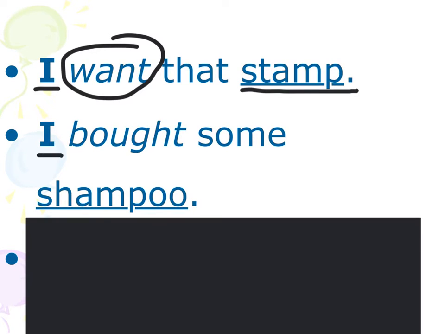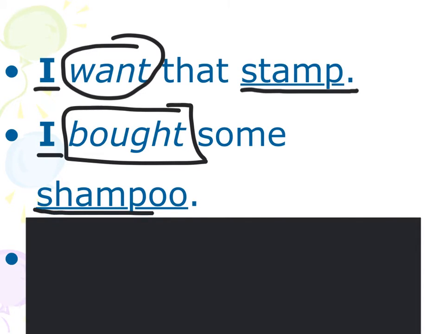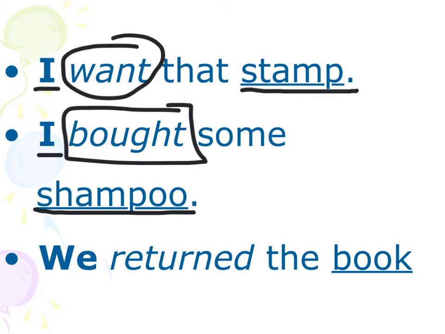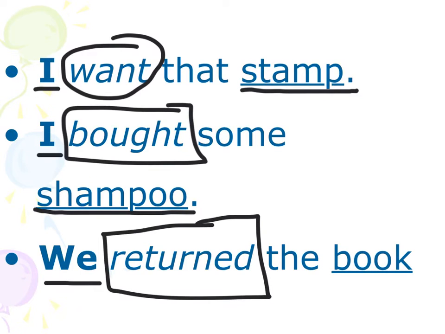I is your subject, bought is your verb, and shampoo is your direct object. Okay, lastly, for our third sentence, you should have underlined we as your subject, returned is our verb, and book is our direct object.